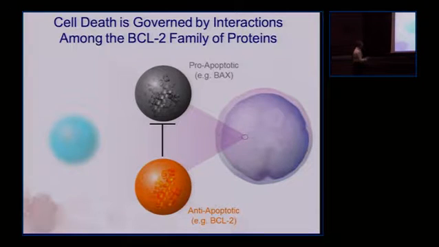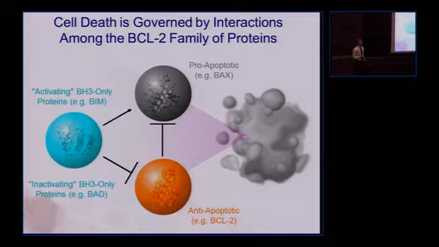And these interactions are further regulated by a third subclass, the pro-apoptotic BH3-only proteins, which in response to select stress stimuli can bind to a subset of the anti-apoptotic proteins, as in the case with BAD, or can additionally directly bind to and activate the multi-domain pro-apoptotic proteins, as is the case with BIM.